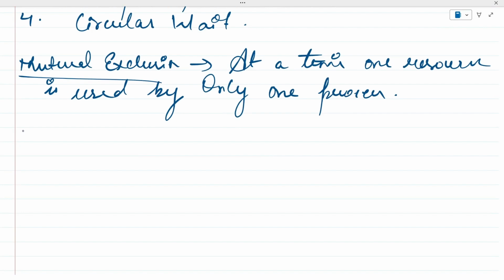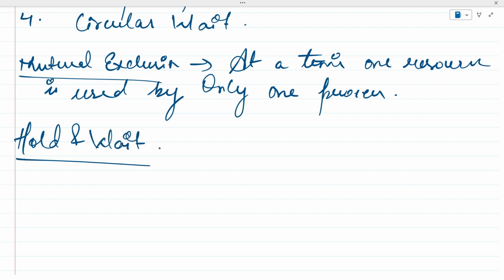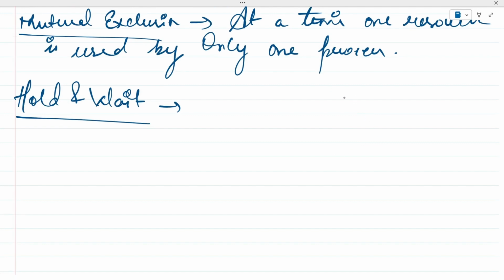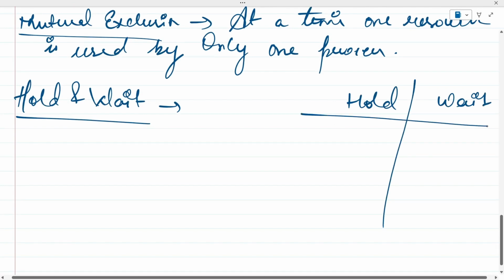Now the second thing is called hold and wait. What is hold and wait? It says that each deadlocked process must hold at least one resource and should wait for at least one resource. It holds one resource and waits for another resource for the deadlock to occur.